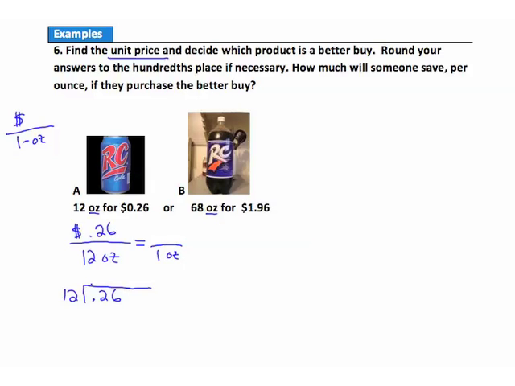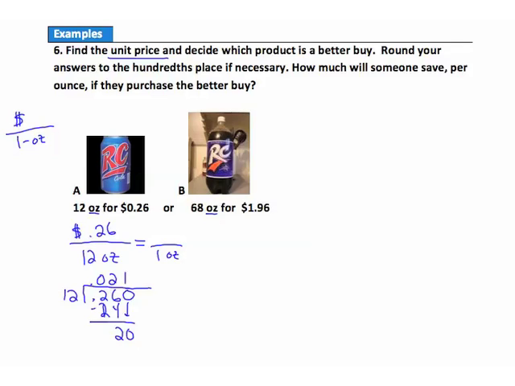So let's start dividing. Okay, 12 will not go into 2, so we put a 0 up here. 12 will go into 26. That goes 2 times. 2 times 12 is 24. We subtract, we get 2. Now, we need to round this answer to the hundredths place, which means we need to divide to 1 more place value here, the thousandths place. So I'm going to annex a 0, bring that 0 down, and now I'm going to say 12 goes into 20, and 12 goes into 20 just 1 time.